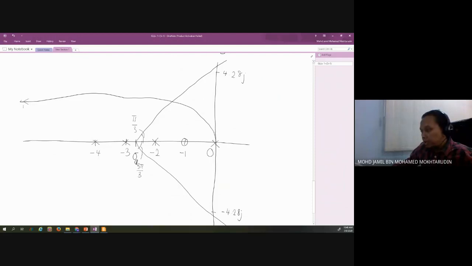Macam mana nak simetrikan garisan ni dengan garisan kat bawah? Tak ada lagi garisan kat bawah. So you cannot draw something like this. Even if you draw like this, it will cross the asymptote, so tak boleh draw dia keluar ke asymptote. So nak simetrikan dia, the only possible way is the root locus must travel straight to the nearest pole.